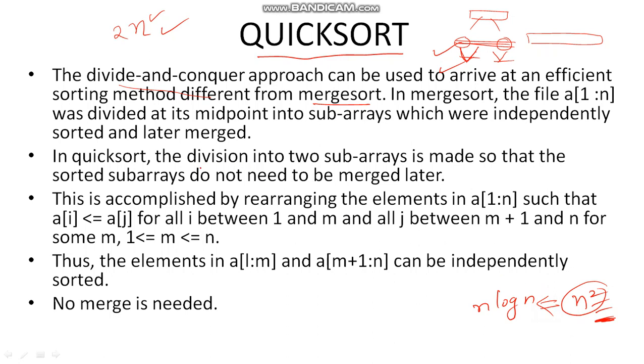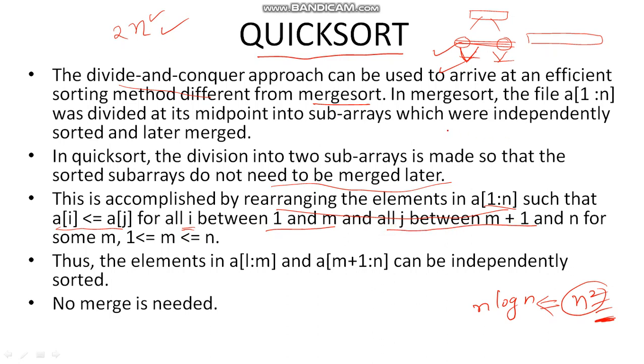Then in quick sort, the division into 2 subarrays is made so that the sorted subarrays do not need to be merged later. This is accomplished by rearranging the elements in an array A from 1 to n such that A of i remains less than or equal to A of j for all values of i between 1 to m, and all values of j between m plus 1 to n.